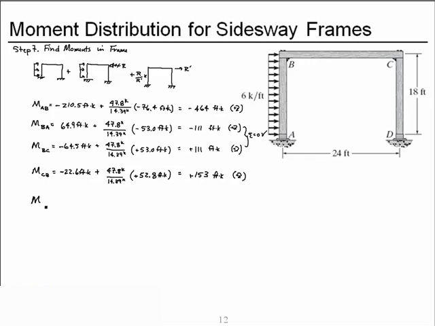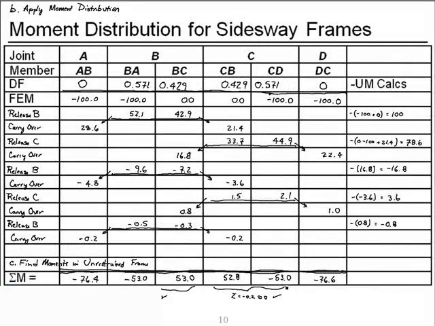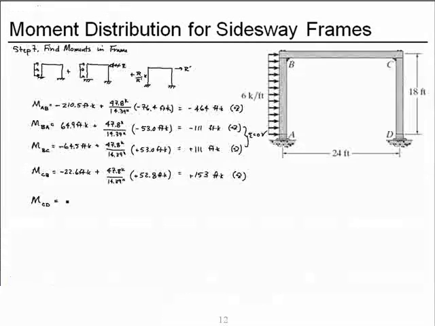Now the other side of the node, member CD. The restrained frame had a moment of 22.6 and the unrestrained frame negative 53. So we take our 22.6 foot kips, our ratio, the negative 53 foot kips, put those together we get a negative 153 foot kips.